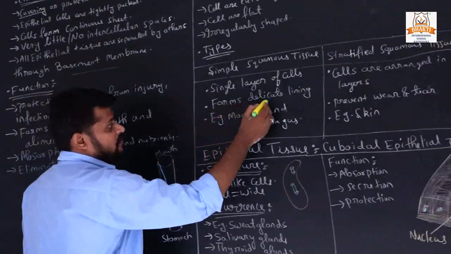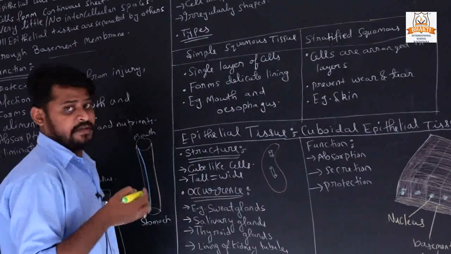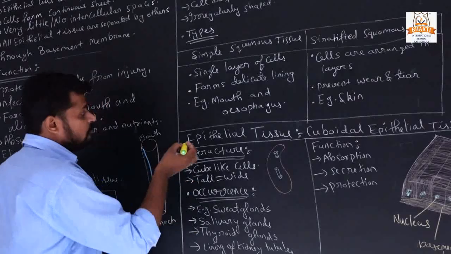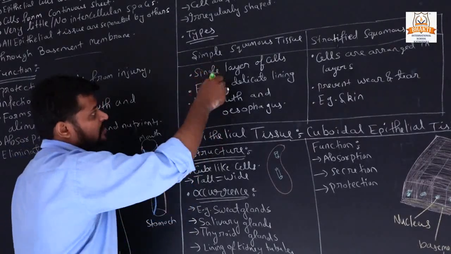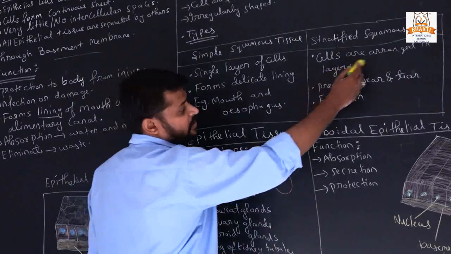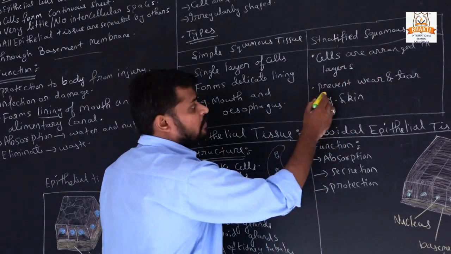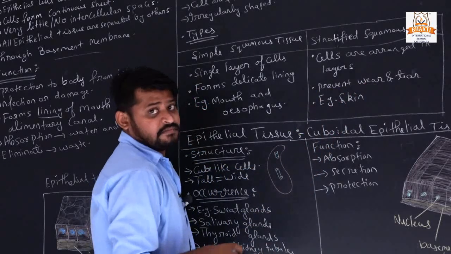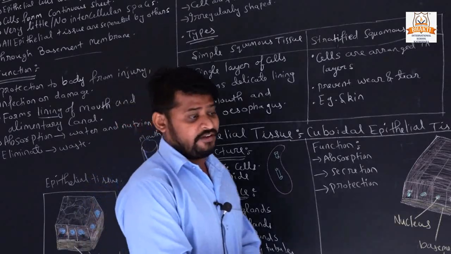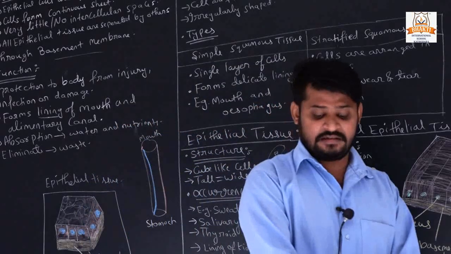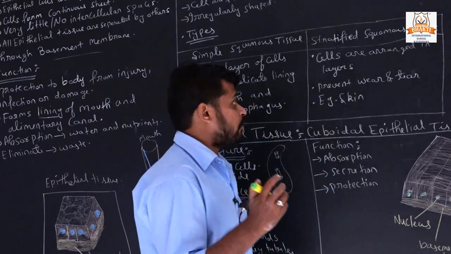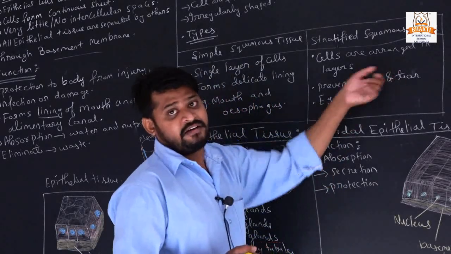They form delicate linings. The linings are present in the mouth and esophagus. So these are simple squamous tissue. What is stratified squamous tissue? They are arranged in layers, prevent wear and tear, means they are present in skin. I told you, if any cut or injury happens to our skin, it will be filled by itself, so it protects against wear and tear.